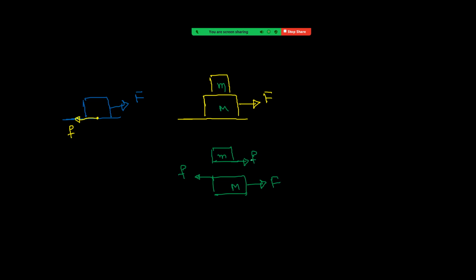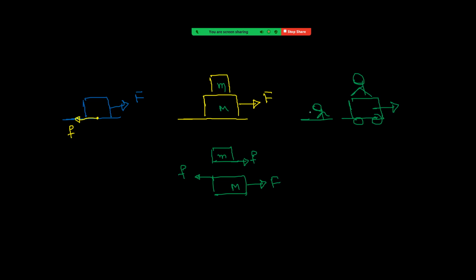And next thing, this force is not depending on the frame. That means if a person sees this system from the ground frame, or suppose there is a person in a moving frame, suppose this is a car which is moving or accelerating, for this person also, the frictional force will be the same.